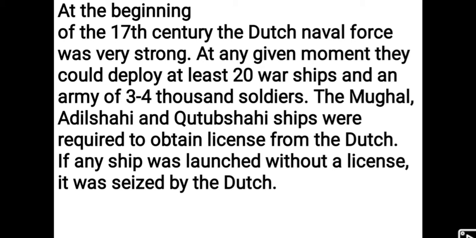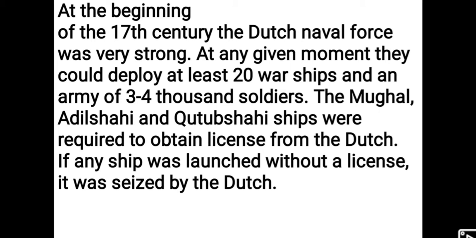At any given moment, they could deploy at least 20 warships and an army of 3 to 4,000 soldiers. See how strong they were that they could arrange 20 warships at a time. And how many soldiers were there in that army?